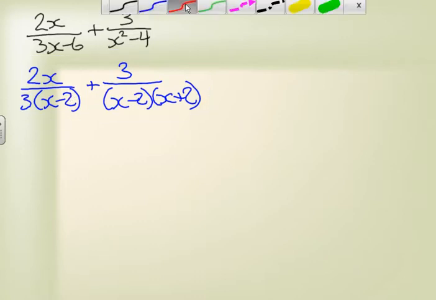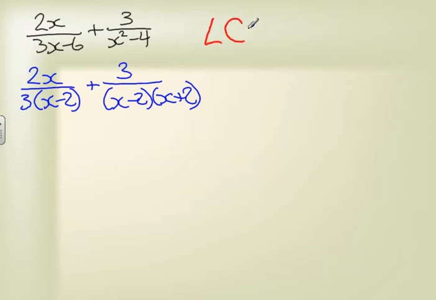Now we can figure out our lowest common denominator, our LCD. I want to take each of the pieces on the bottom. I've got a 3 on the bottom, so my LCD has to have a 3. I have an x minus 2 on the bottom, so the LCD has to have an x minus 2.